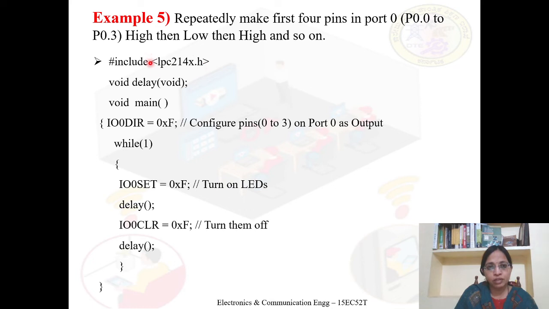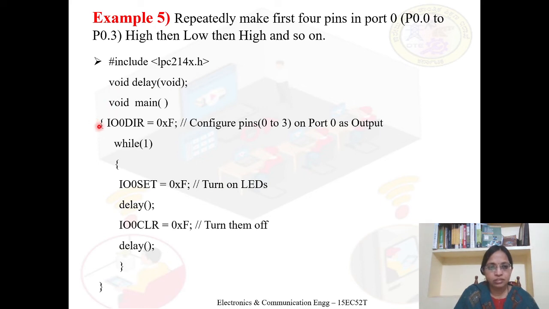This header file contains definitions for all the LPC2148 registers that we will be using in this embedded C program. Next, to make a particular LED or group of LEDs blink high and low, we have to use a delay function in between. This line is for declaring the delay function.